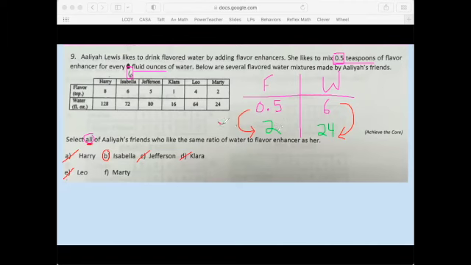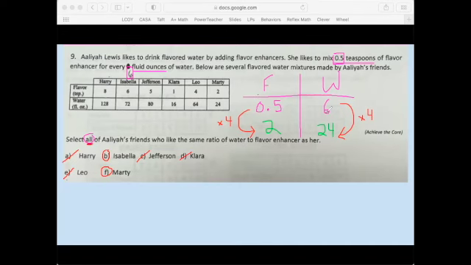And the answer is 4. Half times 4 gets me 2. And I'm going to do that to the other quantity as well to determine if they're equivalent or not. 6 times 4, is that 24? It is 24. So that means that the ratio of flavor to water that Marty has is equivalent to what Aaliyah has.